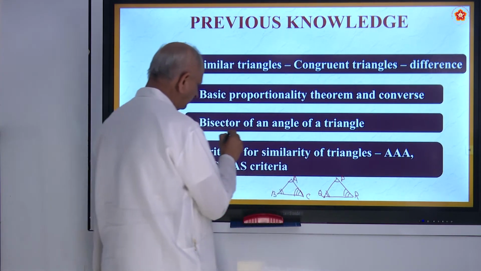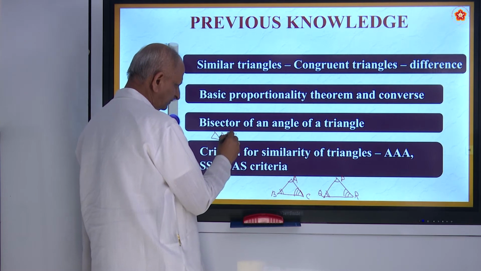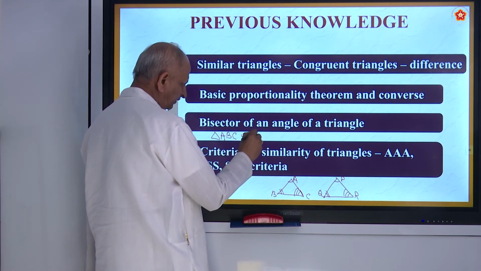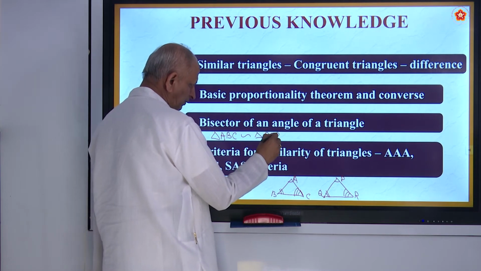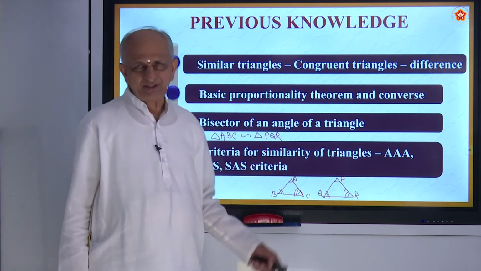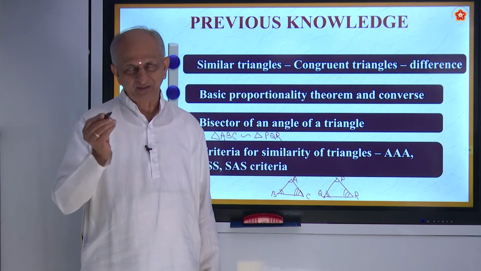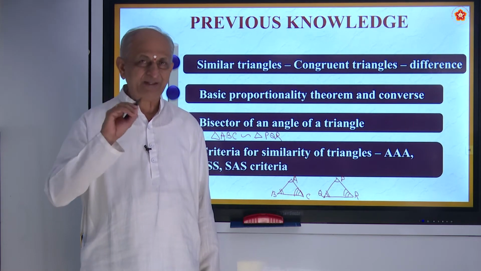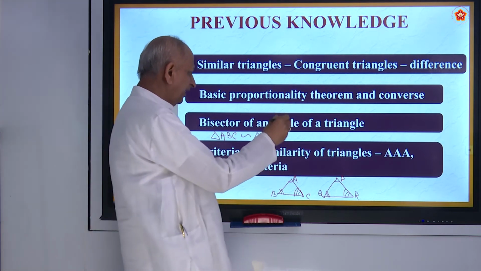How to write similar? Triangle ABC is similar to triangle PQR. Actually, two angles are sufficient, because if two angles are equal, then the third angle must be equal. That is understood.